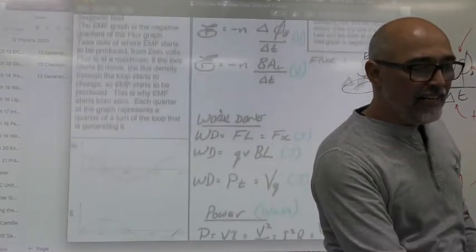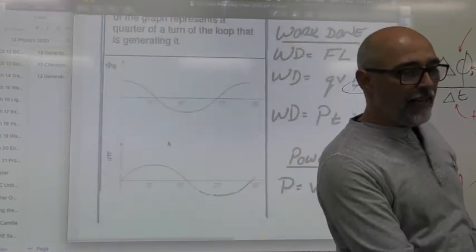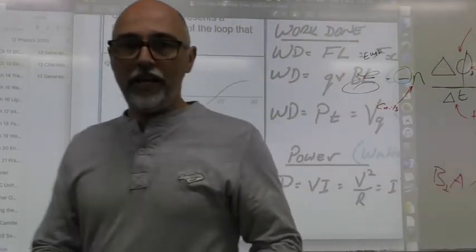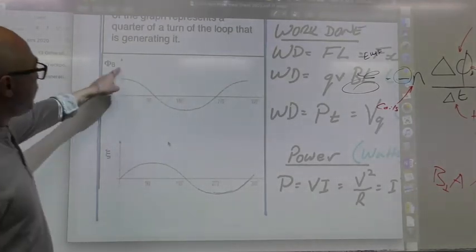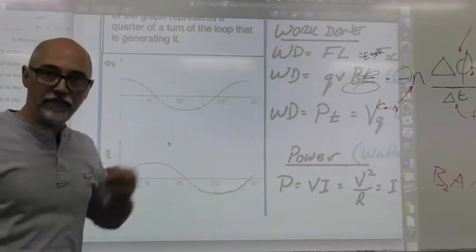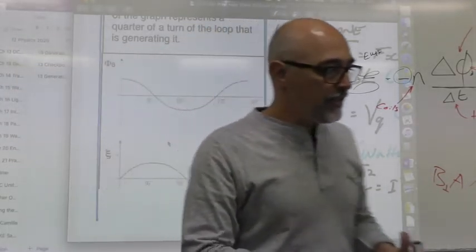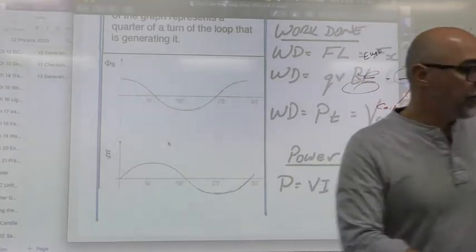Now the only other really big thing that you need to understand here is the relationship between the change in flux, this is a change in flux graph, and the change in voltage, okay? So this is something that you really have to spend some time to get your head around.